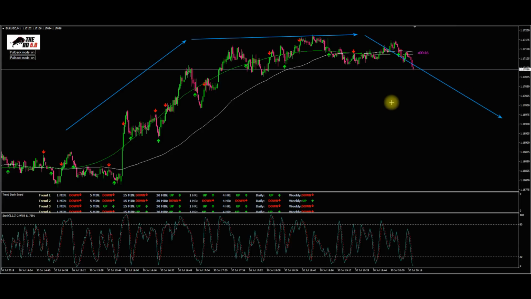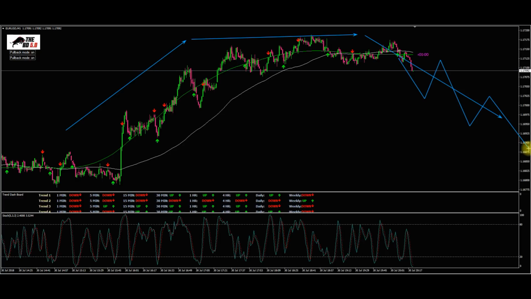So now we understand which way the market's heading, we can get into the trade. Ideally the market should do something like this: trend down, pull back, trend down, pull back. In theory, that's what we would like to happen. It might not look like that, but you get the idea.